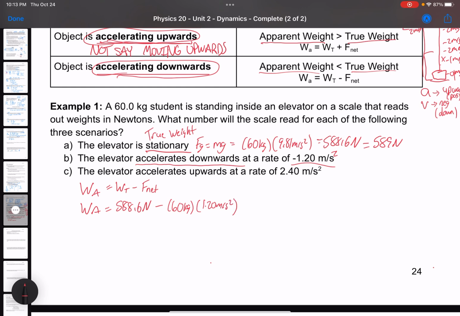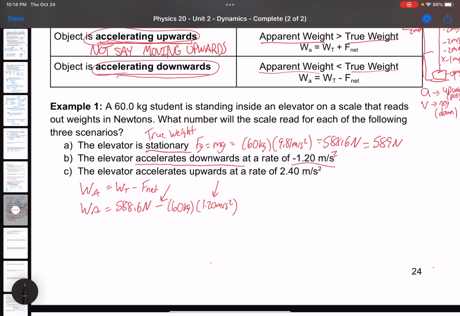Remember, in dynamics, we're already putting negatives in a sense, by saying that we're subtracting. So if you look and say this force, subtract this force, you've already taken care of the negative. Don't put it in again, or you've kind of doubled up. Okay, so you could say true weight plus F net, and then put this 1.20 in to be negative, and that would be fine.